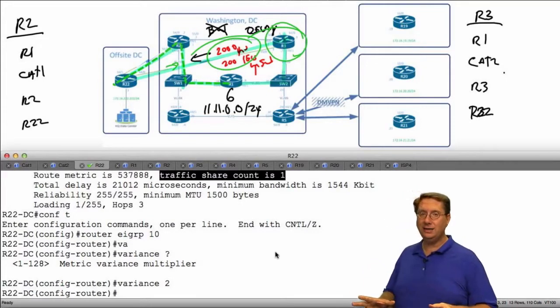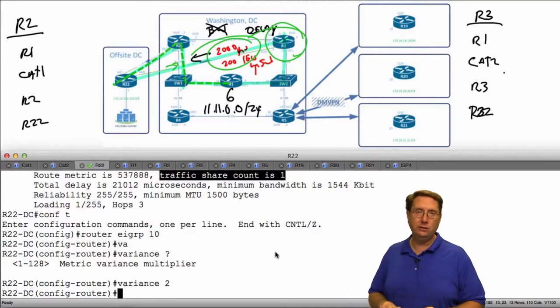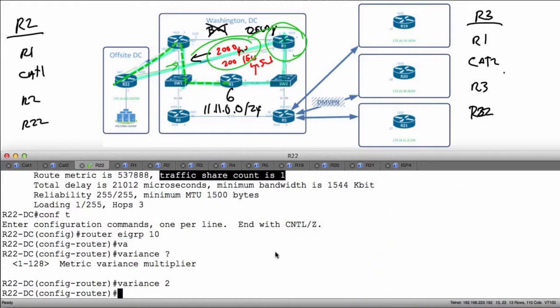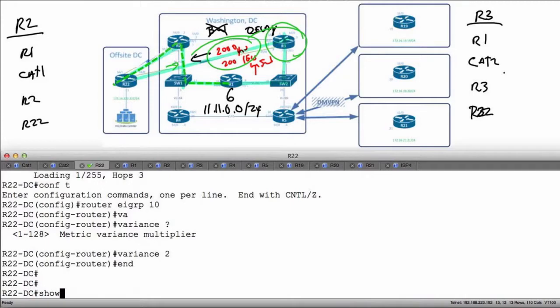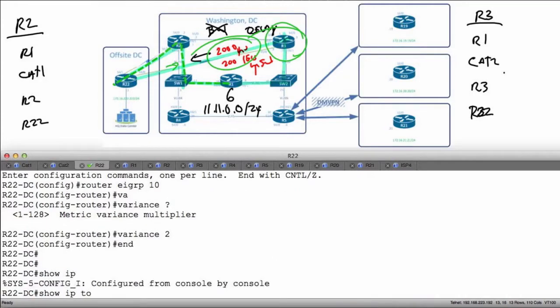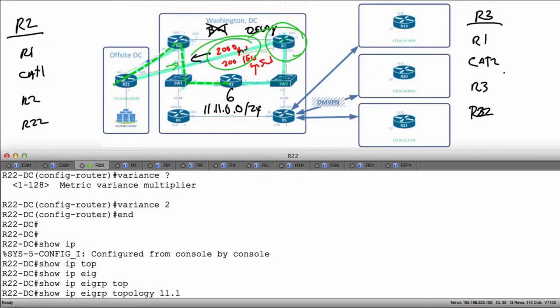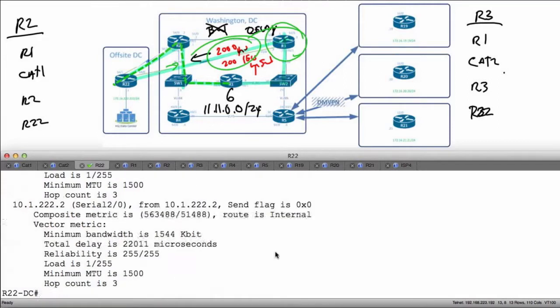Now we know mathematically what we just did is going to allow us to do load sharing because we were only something like 10 or 20,000 off. Let's take a look and see what's going on here. So I'm going to say end, and I'm going to say show IP EIGRP topology table for 11.11.0.0/24. And I see the 2 entries.